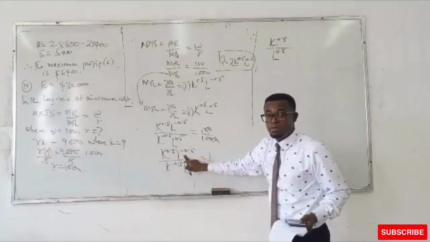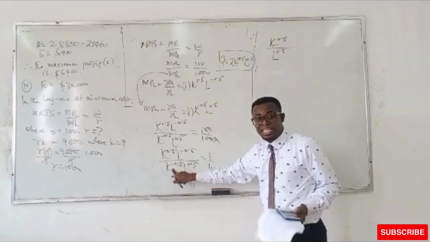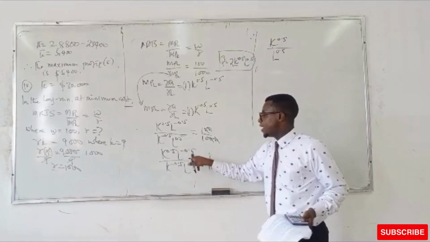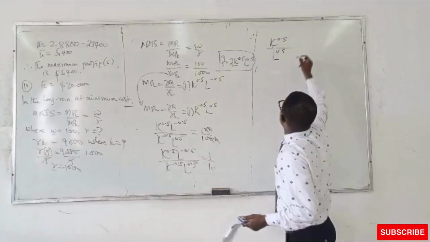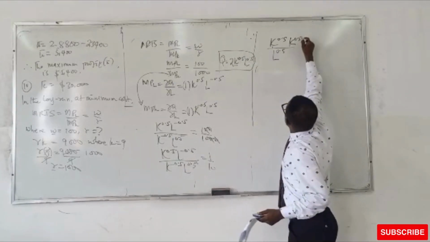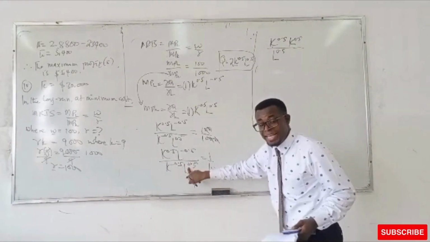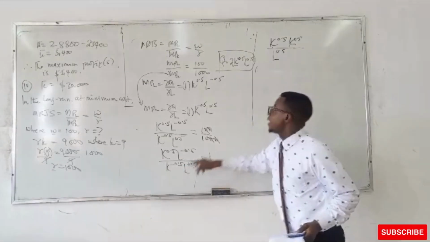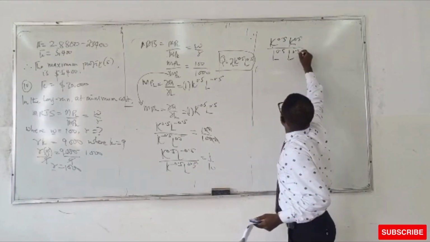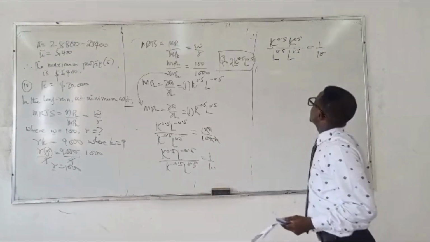This very L, which is a negative exponent, becomes a positive exponent. Then the K, which is in the denominator with a negative exponent, also goes up there and tends to be positive. Then my L in the denominator is still positive, so I keep it. Right? Because what? 1/10.